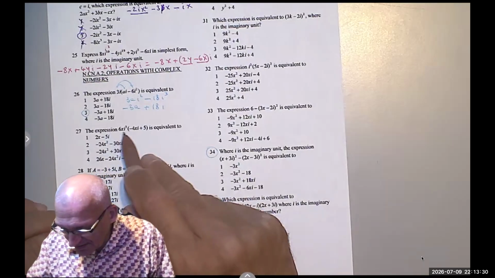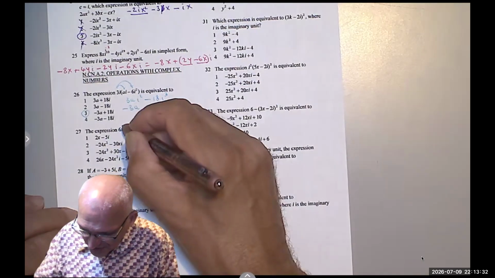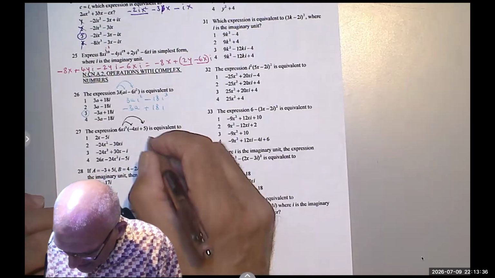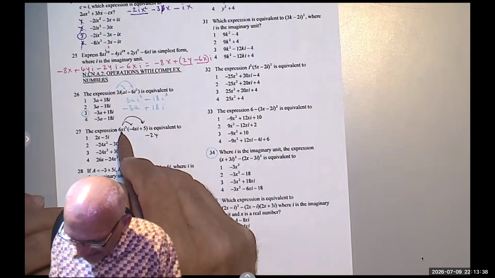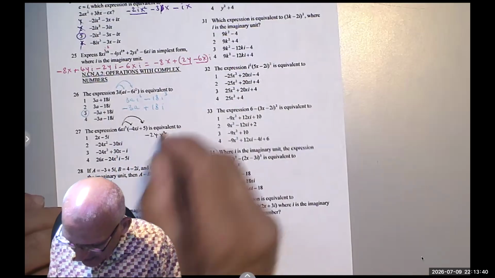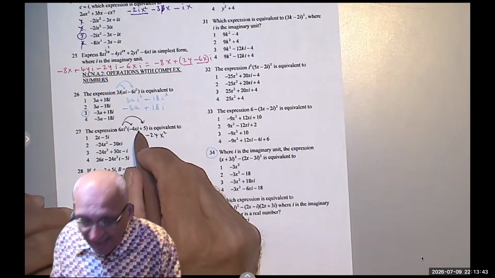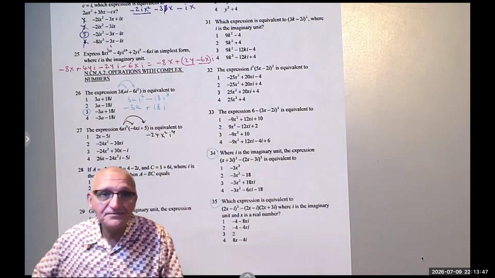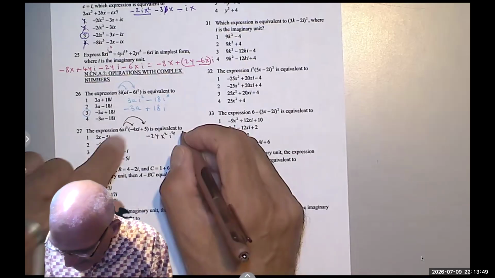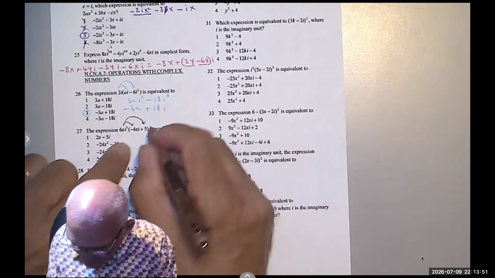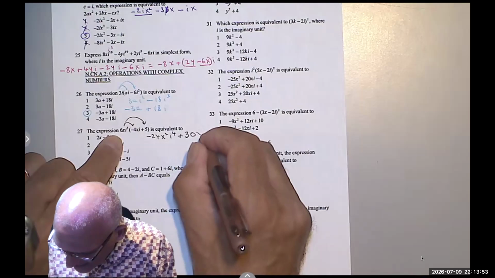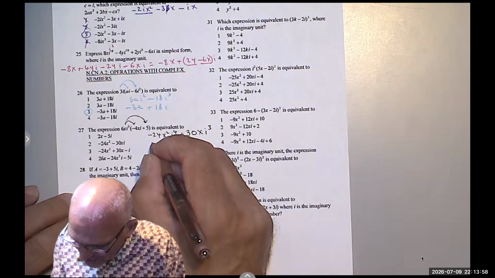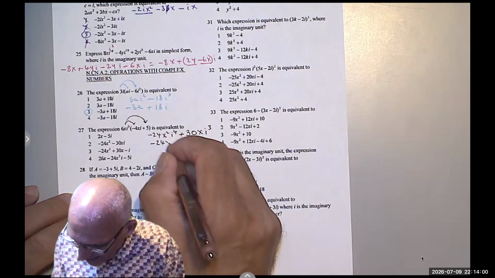The expression, again, is equivalent to what? I'm going to distribute those. 6 times negative 4 is negative 24. x times x is x squared. i cubed times i is i to the fourth, which is 1. I'm just writing it. And then I have plus 5 times that, so it's 30xi cubed. i to the fourth is 1, so the first term becomes negative 24x squared.